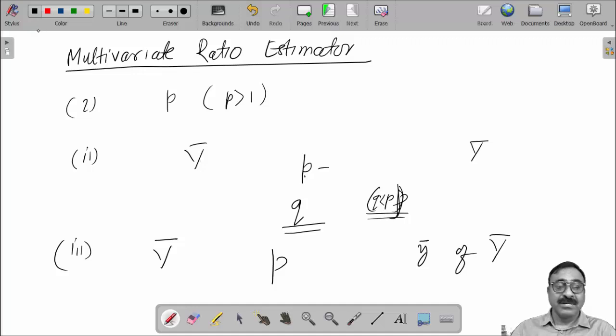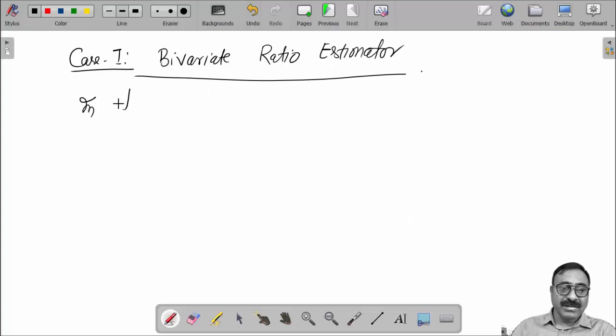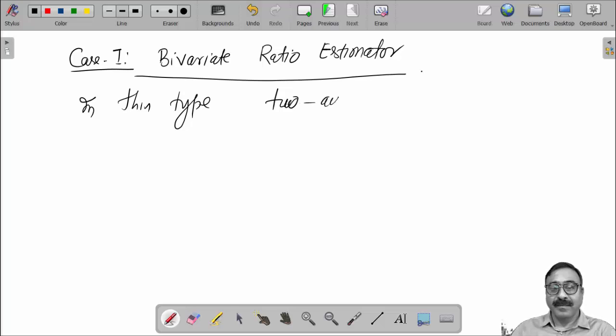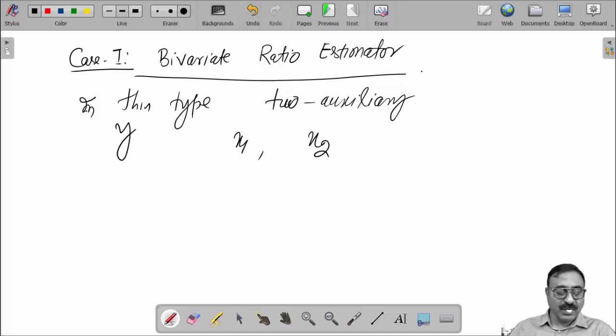Now first let us consider the bivariate ratio estimator. In this type of ratio estimator, two auxiliary variables are used. Let y denote the variable under study and x1, x2 be the two auxiliary variables.